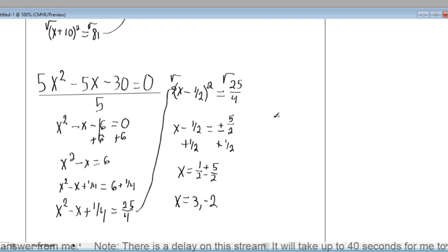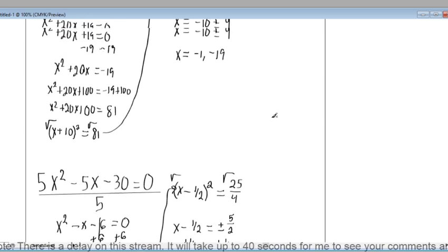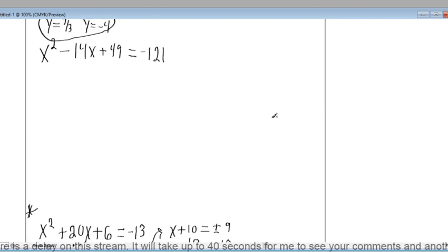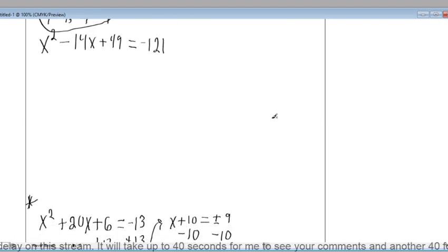Now, it's going to be important to be able to recognize this, because that example that I skipped actually has a perfect square trinomial in it. So, this example, -14x and 49. If we look at these two numbers, what is half of 14? 7.